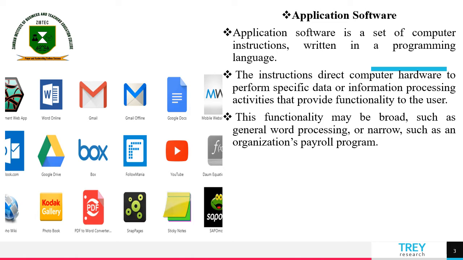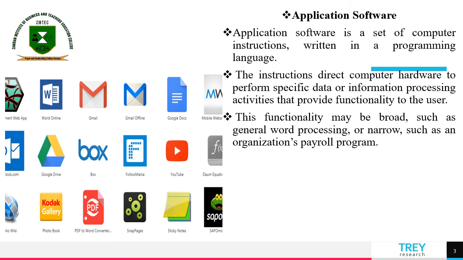Before we proceed, look on the left hand side where there is this diagram. It shows different examples of application software. When they say the functionality may be broad, this is what they mean. We can have different application software examples performing different tasks.